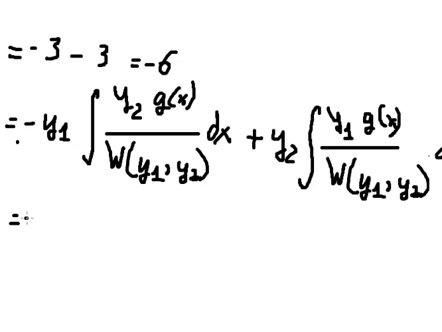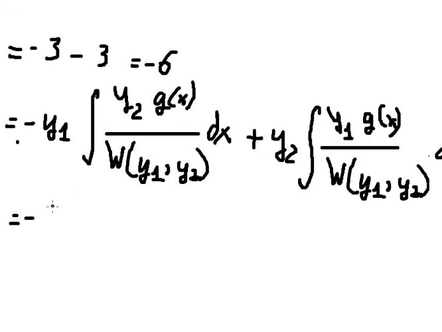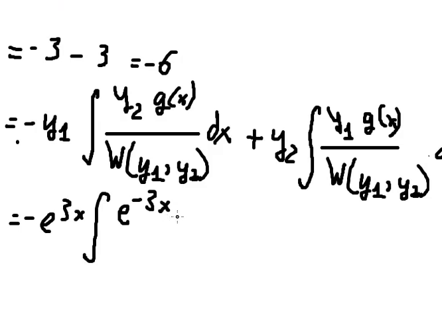So y number 1, that is e to the power of 3s. Y number 2, that is e to the power of negative 3s. 3s, that is this one. This one we have negative number 6.